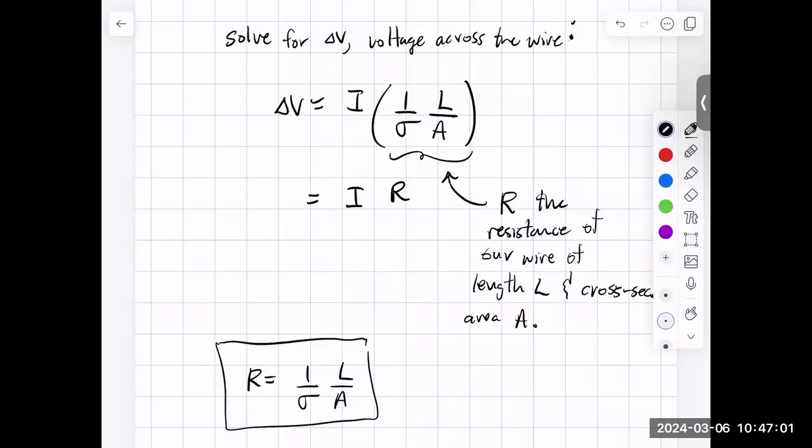It's easier to flow charge through a fat wire than through a skinny one. And then the conductivity is just a property of the conducting material. The conductivity is going to be determined in part by the number of electrons per unit volume. So materials with high electron densities are going to have higher conductivity than ones with lower electron densities.